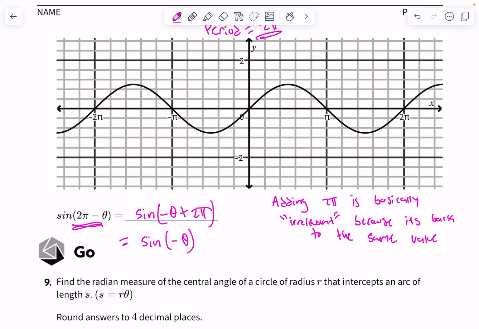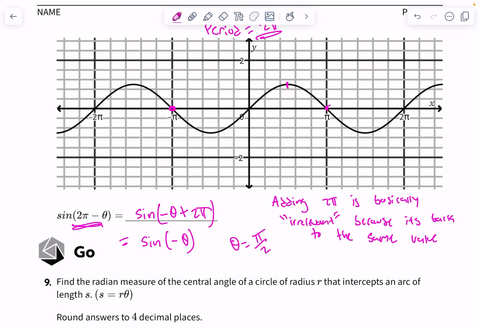Now let's think about it if theta is equal to pi. Then sine of negative pi is equal to 0. So the same concept. Now let's think about something different. Let's say theta is right here, and let's call that pi over 2.